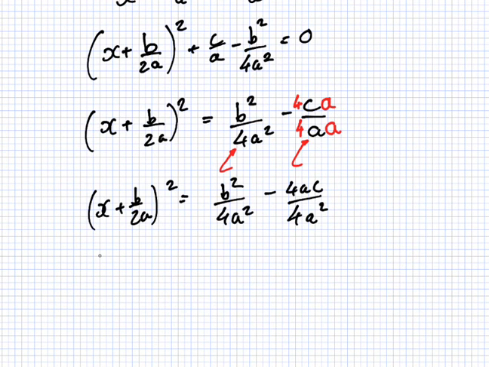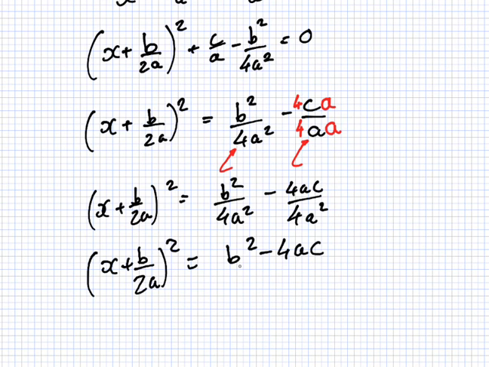Which is good. Now we can put them together. So b squared minus 4ac all over 4a squared. Grace, what should I do next?